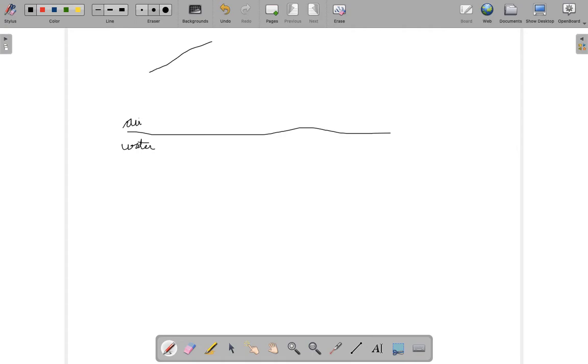So we have a light wave, let's say it's coming down like this, right? Now, when it comes into contact with water, we know that in water the light moves slower, which means over here, because it's moving slower, it'll actually become like this.